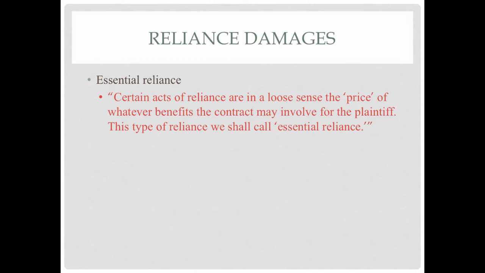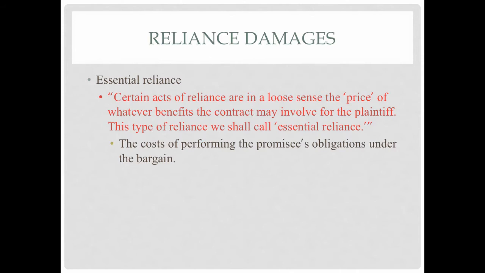This type of reliance we shall call essential reliance. This is just what you are required to do to perform your side of the bargain, the essential elements of your side of the bargain. It is alternatively known as the costs of performing the promisee's obligations under the bargain.